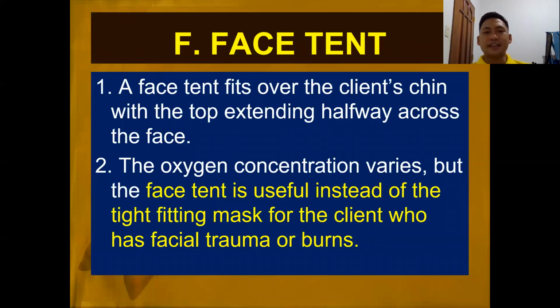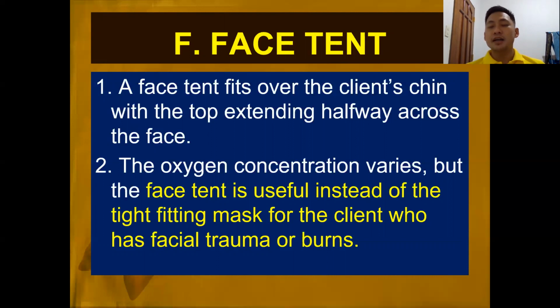Okay, actually the face tent fits over the client's chin with the top extending halfway across the face. The oxygen concentration varies, but the face tent is useful instead of a tight-fitting mask for the client who has facial trauma or burns. So it fits snugly on the chin. Okay? Especially if the patient has a facial injury or burn, so that it would not cause irritation or pain.